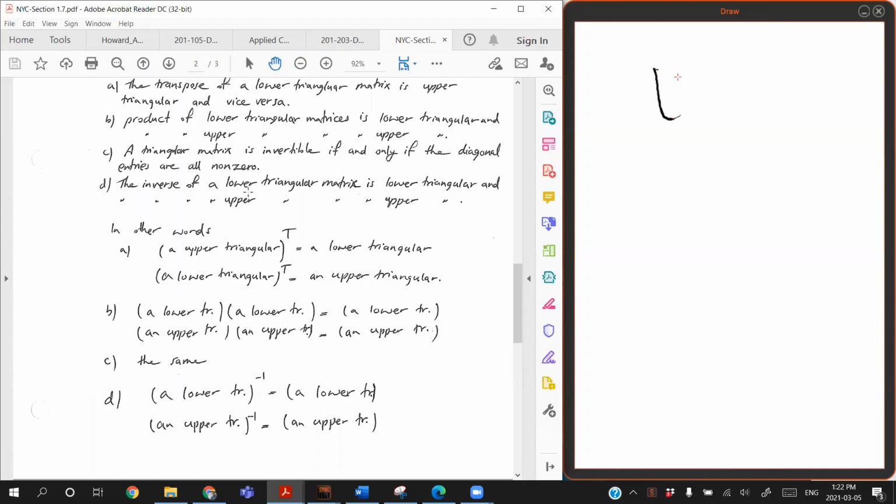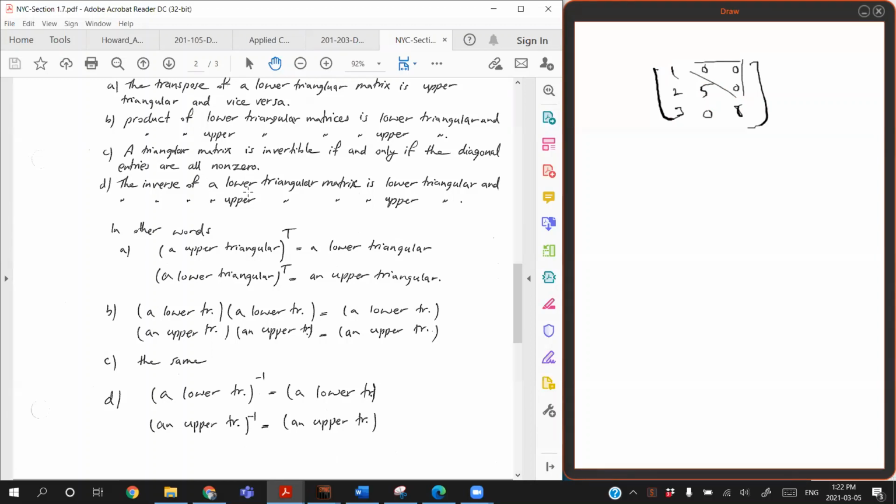For example, think of this lower triangular matrix, 1, 0, 0, 2, 5, 0, 3, 0, 8. This one is a lower triangular matrix because all the entries above the main diagonal are zeros. And I know it's invertible.